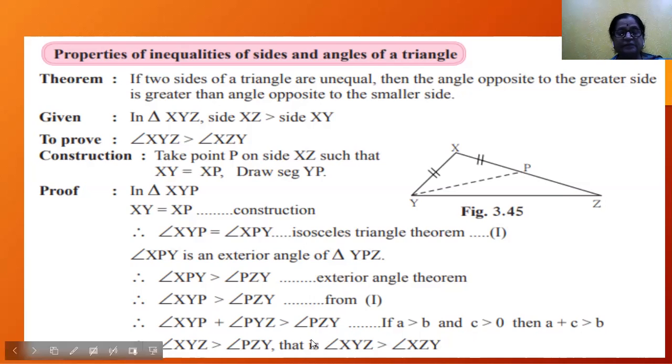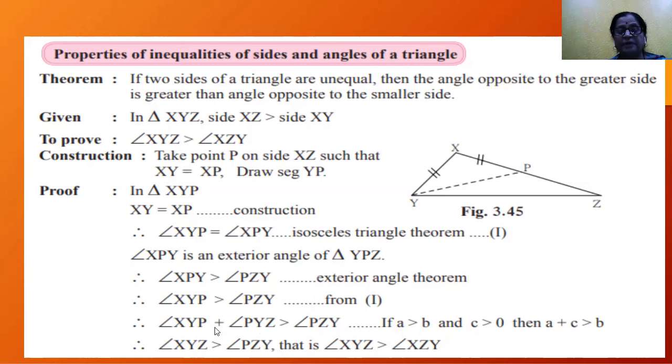So here angle XPY is greater than angle PZY, by the exterior angle theorem. And then from 1, angle XYP is equal to angle XPY, so angle XYP is greater than angle PZY.